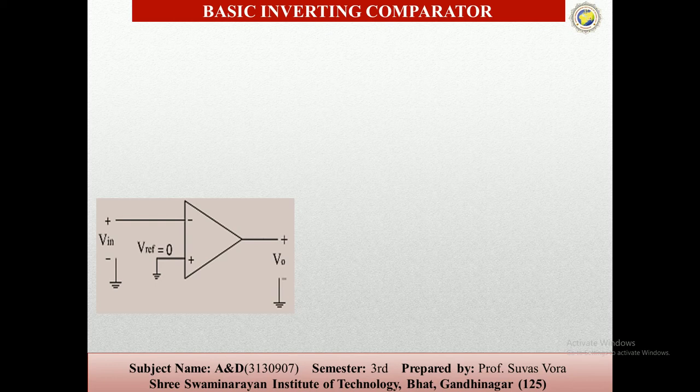So the reference voltage is applied to the non-inverting input and the signal voltage is applied to the inverting input of the op-amp. So V reference equals V0 if the non-inverting terminal is grounded, when V in is less than the V reference.